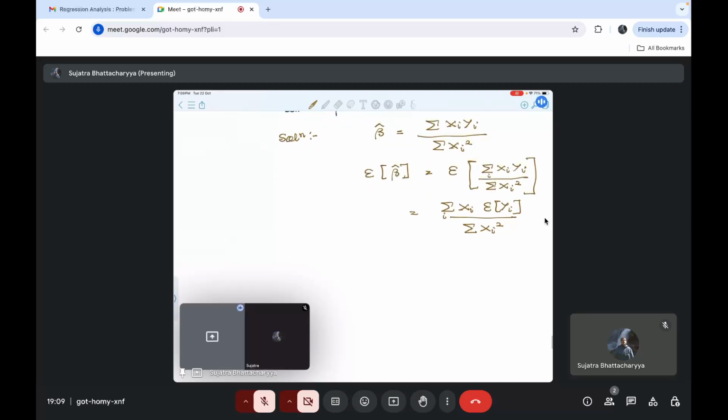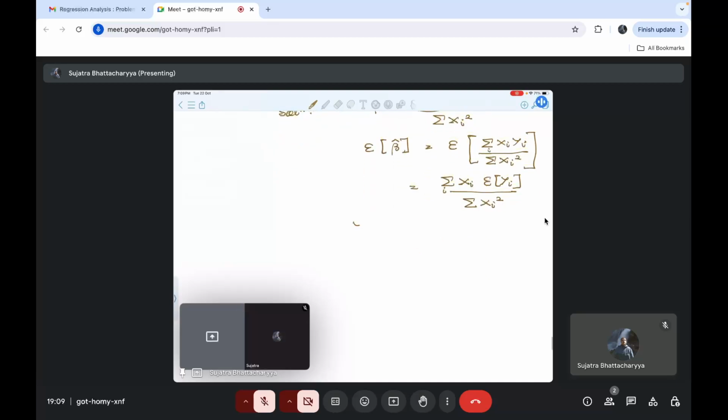Now, what is the expectation of yi? Let's write yi equal to beta xi plus epsilon i. If you take the expectation of yi, you get expectation of beta xi plus expectation of epsilon i.